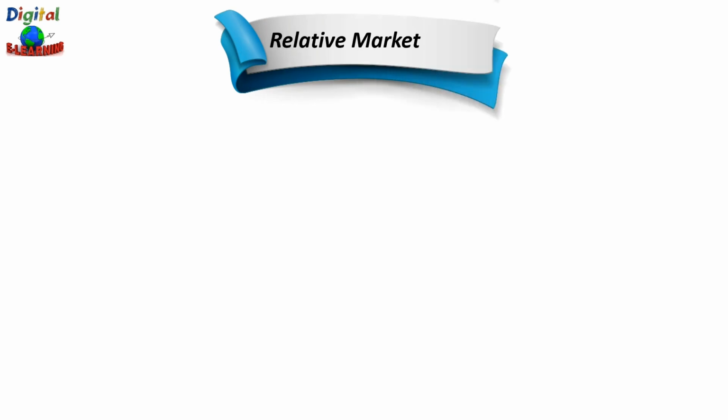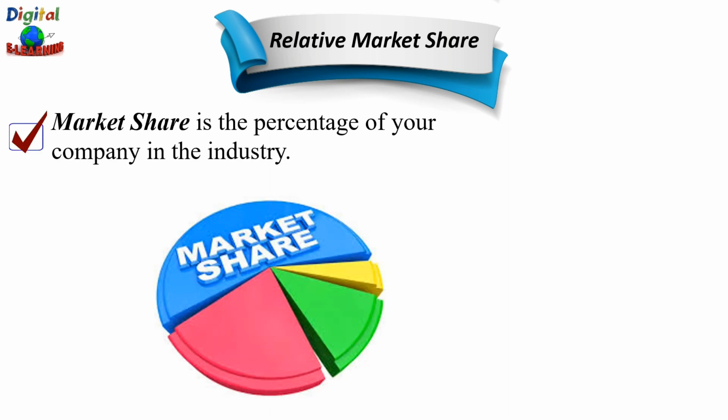Relative market share. Before we understand what relative market share is, we need to understand market share. Market share is nothing but the percentage of an industry that your company holds. It can be measured in terms of revenue, sales, or total volume.